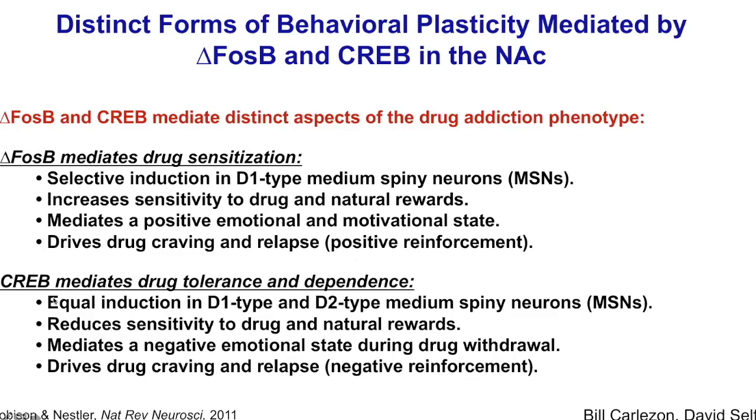It is activated in both major subtypes of medium spiny neuron within the nucleus accumbens and serves a classical negative feedback homeostatic role in mediating drug tolerance and dependence, reducing an animal's sensitivity to drug reward. It too increases drug self-administration and relapse, we presume, through negative reinforcement.